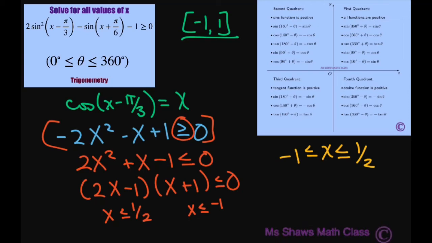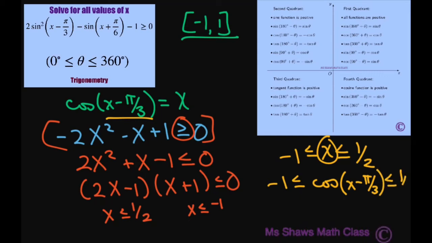Substituting back in, cosine of x minus pi divided by 3 is less than or equal to 1/2.